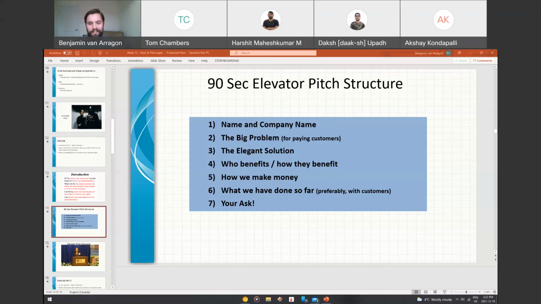Akshay and Harshit, whoever your spokesperson is, feel free to take it away, and I'll start the timer. Okay, I will present it. And 3, 2, 1, start.